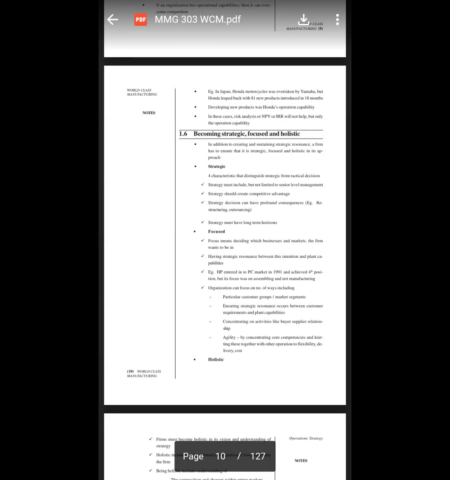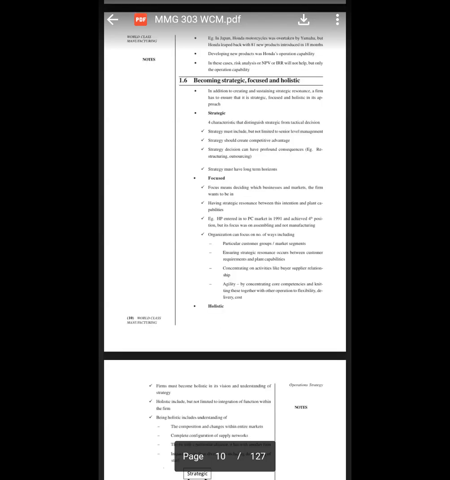Now focus is deciding which business and market the firm wants to be in, having strategic reasons between these intentions and plant capacities. Now see, they have given a focus market example. HP entered the PC market in 1991 and achieved fourth position, but its focus was on assembling and not manufacturing.